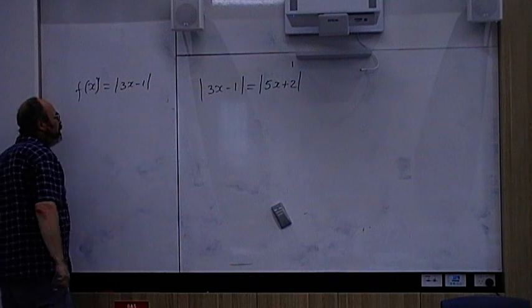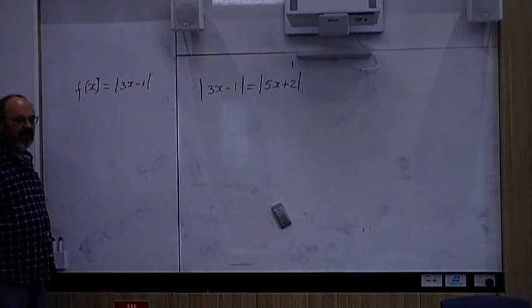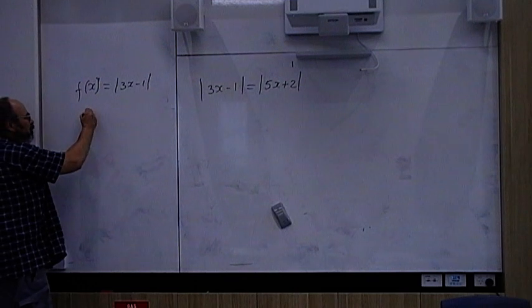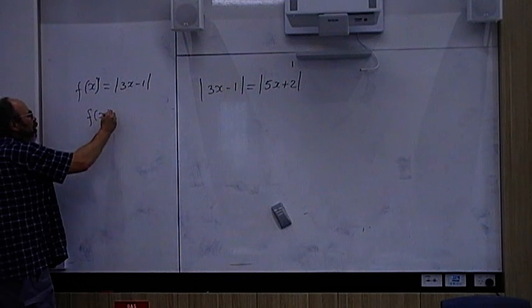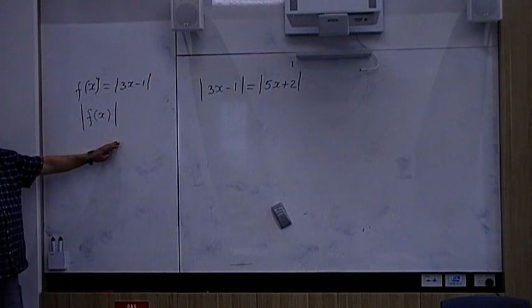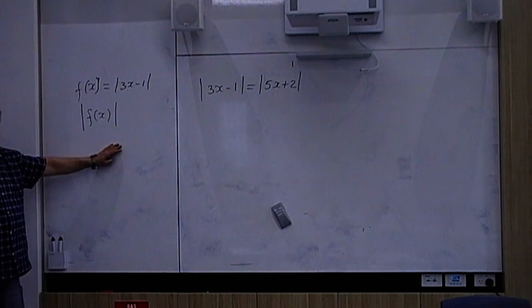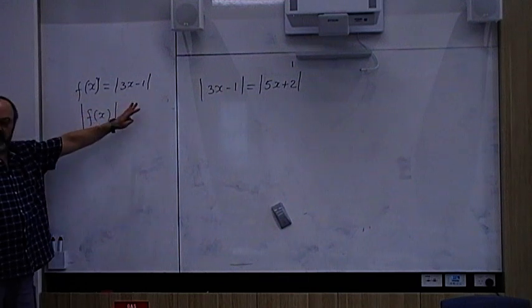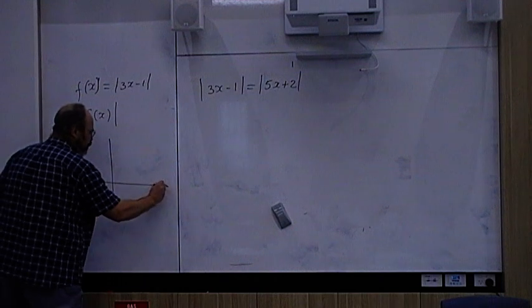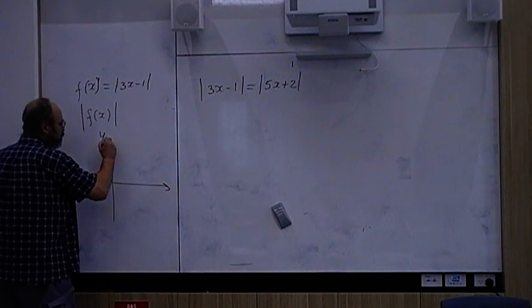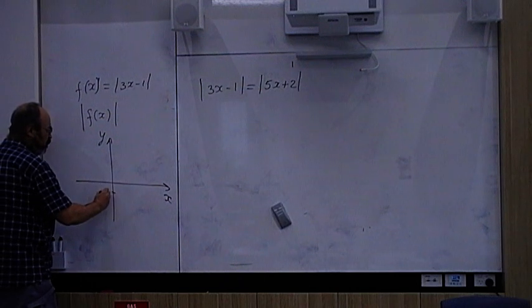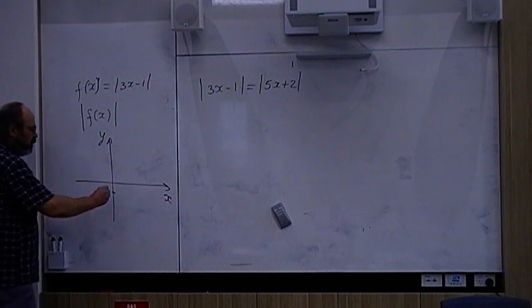So, how do we sketch the graph of modulus f of x in general? When you take the modulus of the function, we start by sketching the graph as if there is no modulus, like 3x minus 1, which will obviously be a straight line with y-intercept negative 1 and x-intercept 1/3.